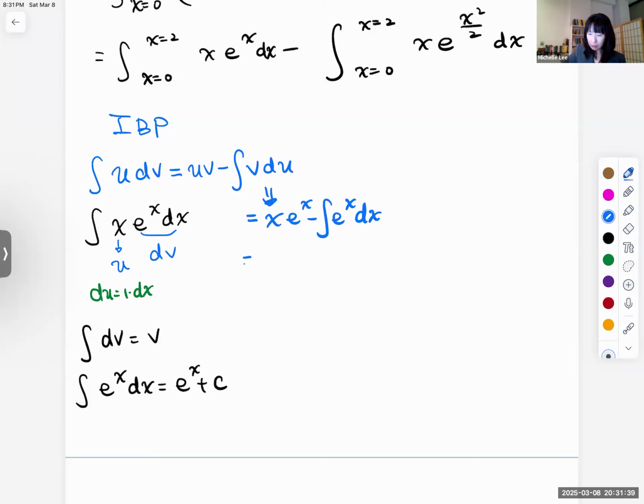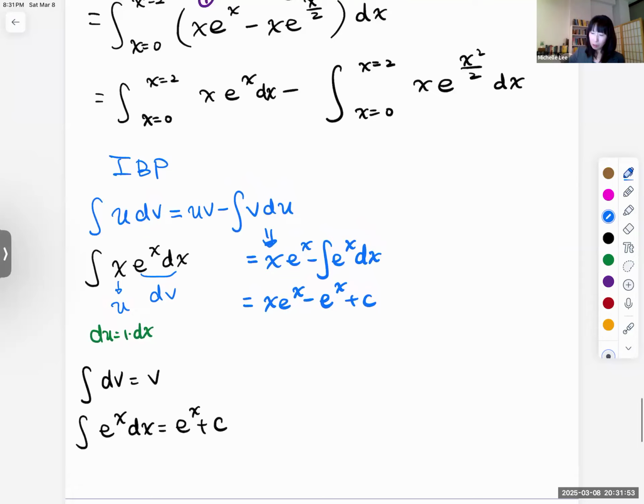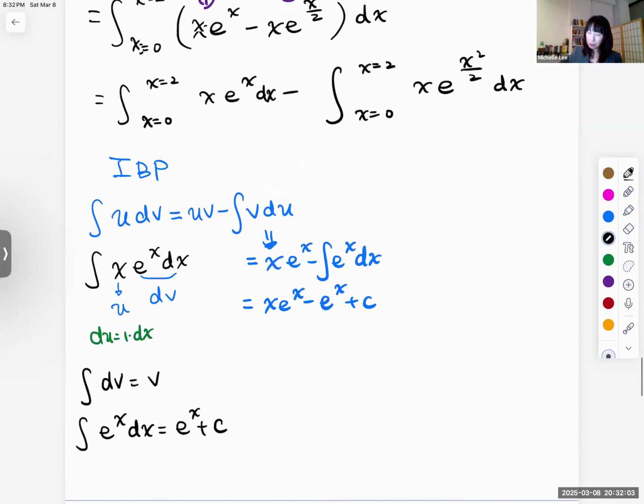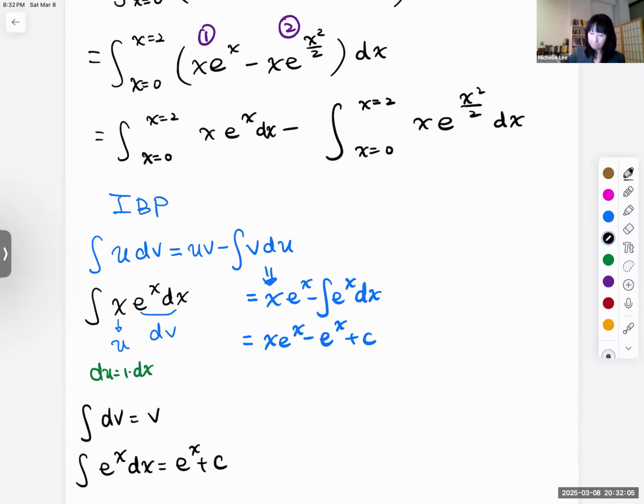All right. Then there will be x e to the x. What is the integral of e to the x? Just e to the x power, right? So minus e to the x. Okay. That is the first term. So we will get x times e to the x minus e to the x. What about the second term? Second term, let's do it.